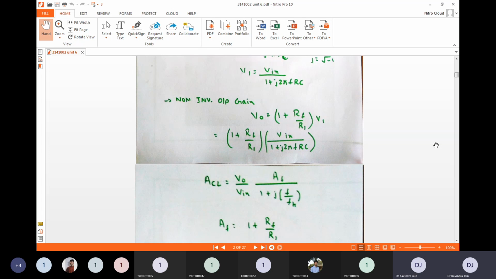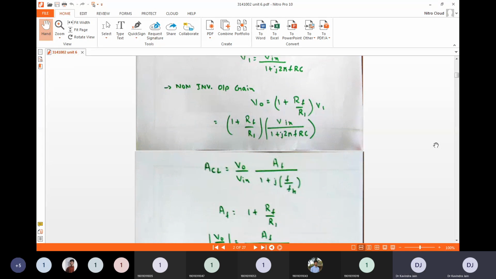I hope the equation is visible to you. It is ACL equals to V naught upon V in. Is the equation visible? Yes, sir. So V naught upon V in, where what is V naught, what is V in, how to put these values, please see the equations further. It is basically AF divided by 1 plus J F upon FH.